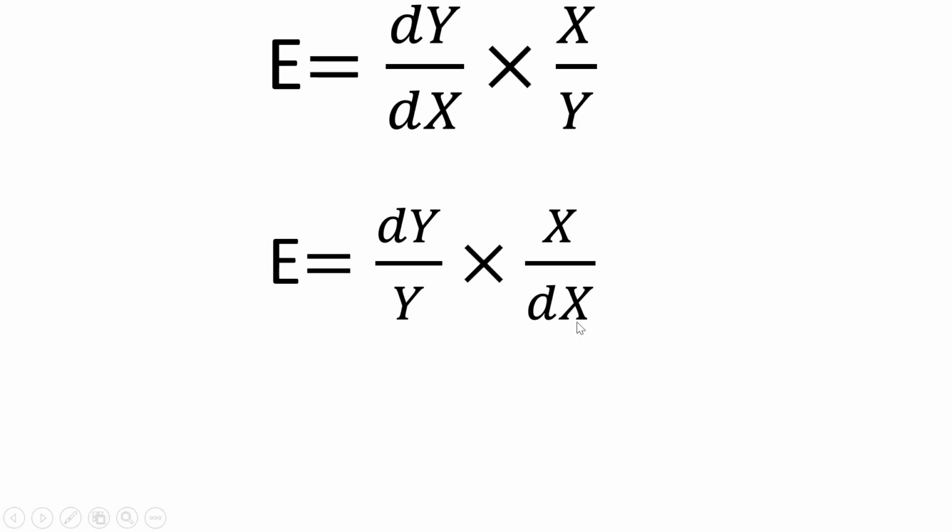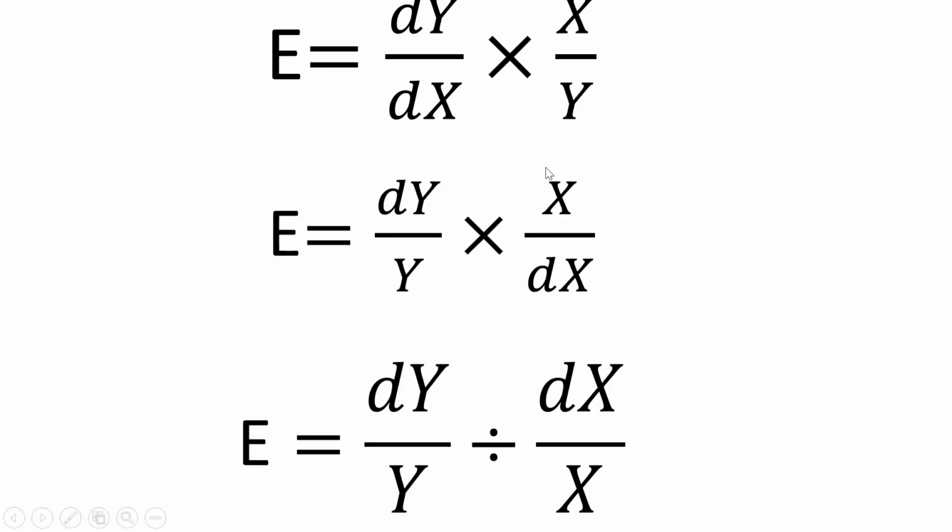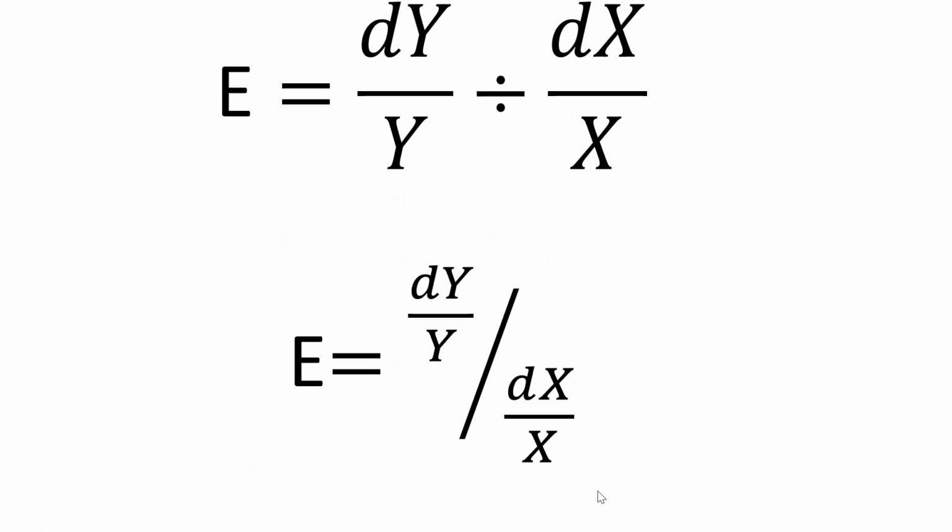Let me reciprocate the right side of the expression, this side. I can only do that by changing the multiplication to division and reciprocating it. So what I see is that I have this fraction divided by this fraction. And I can put it in this form: this fraction over the second fraction.